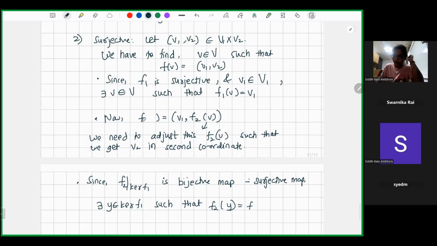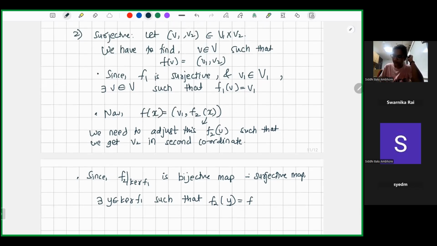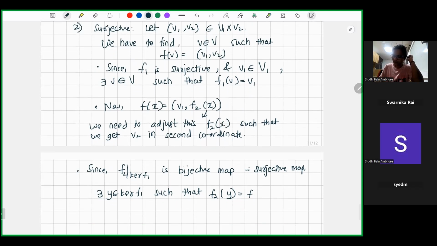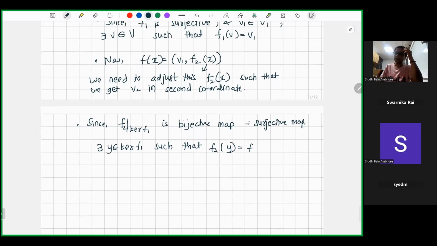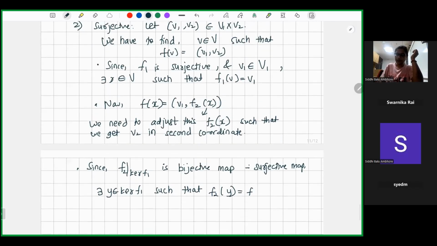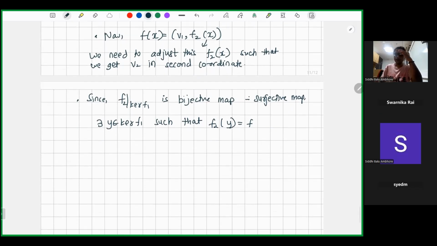Let us take x here, and v will be our original element. So this x is such that f1 of x is v1. And now we still have to do something with this x such that I also get v2 as the second term.